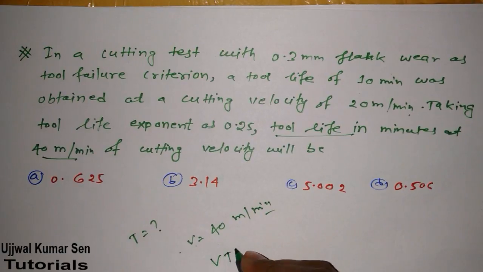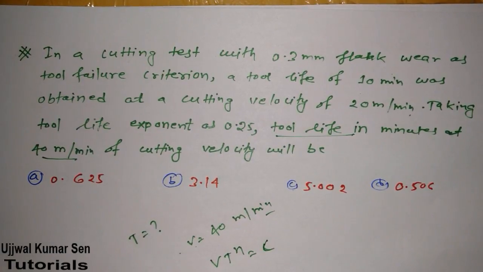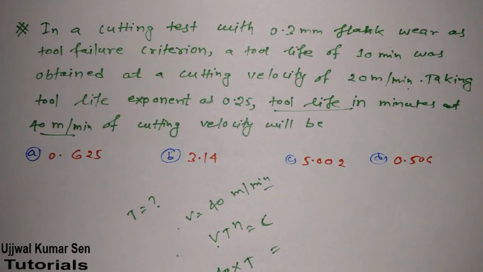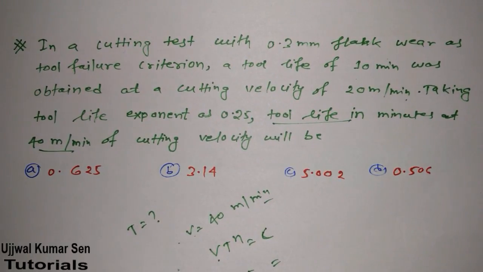We know that V T to the power n is equal to constant. We have V, that is 40. We don't know T, we have to find it out. N we don't know, C we don't know. If we can come to know about N and C, our job is done. Now we have to read the question because we require these two values. Without these values, we cannot solve the question.